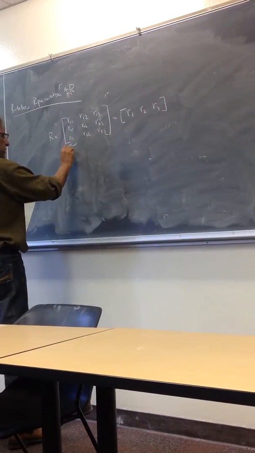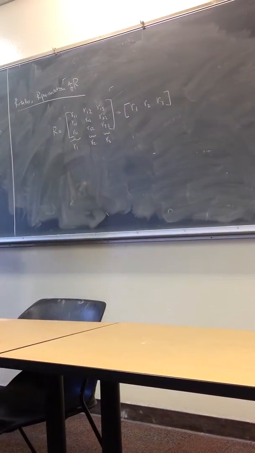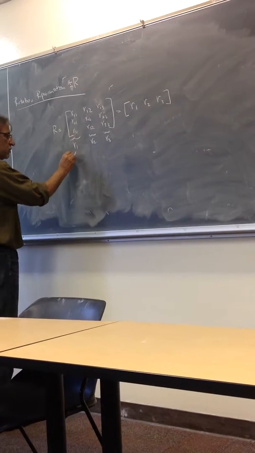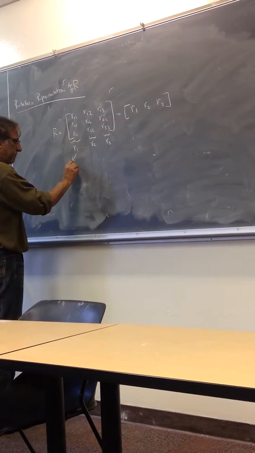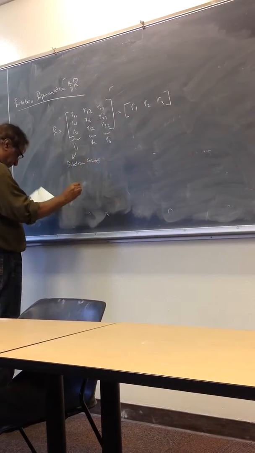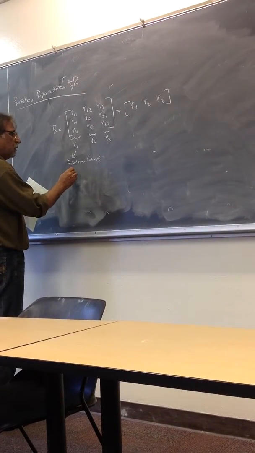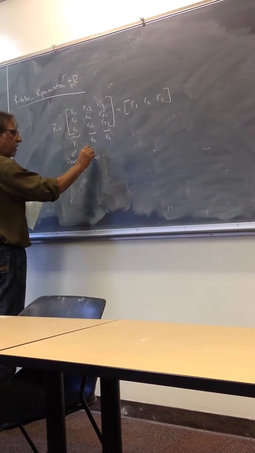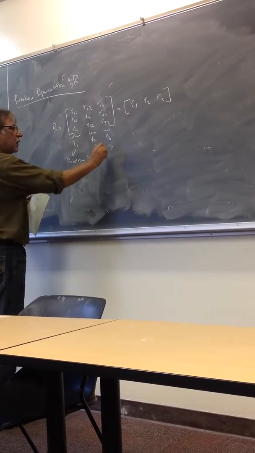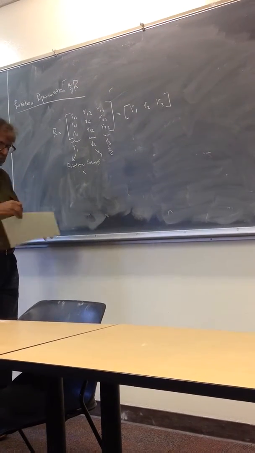These would be these vectors here. And these are actually what are called the direction cosines, of x, y, and z.